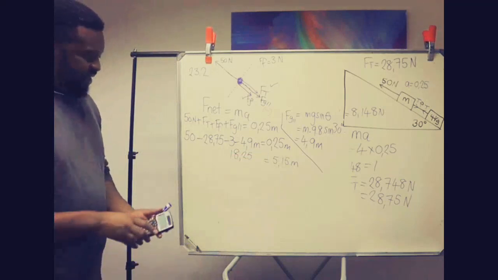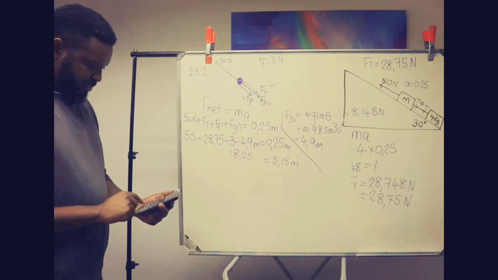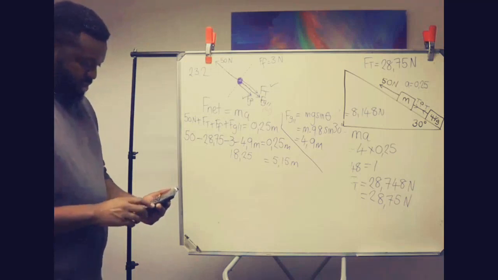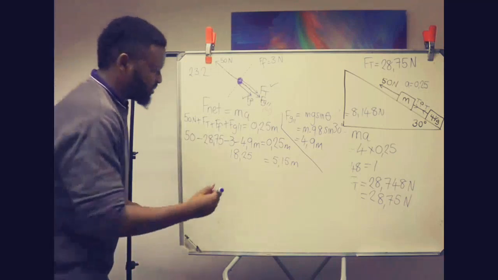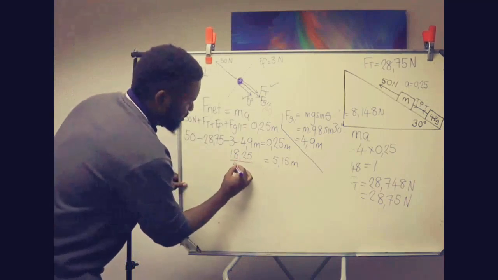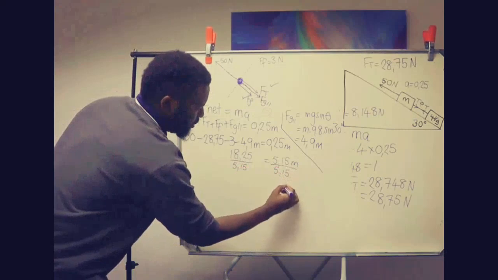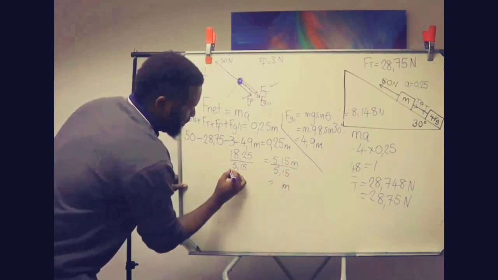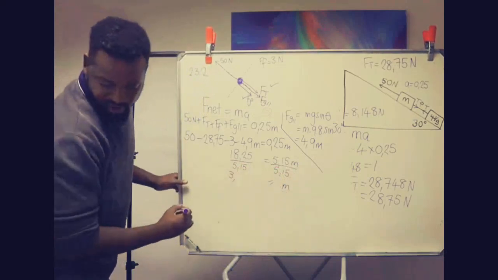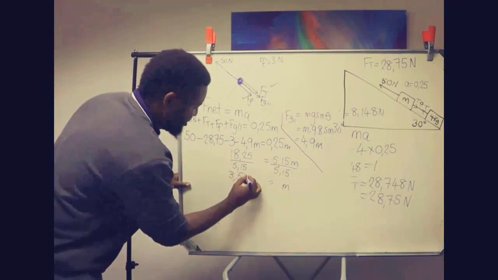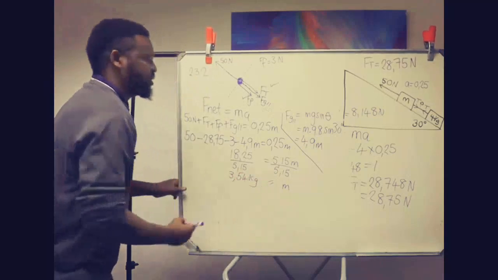Divide both sides by 5.15, 3.54 kilograms. 3.54 kgs is equal to m.